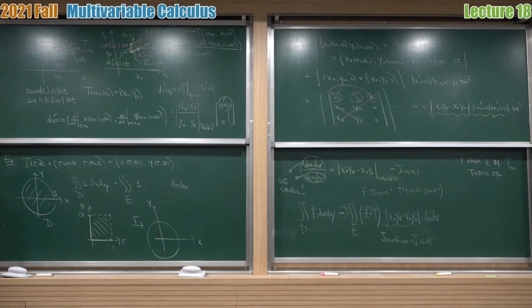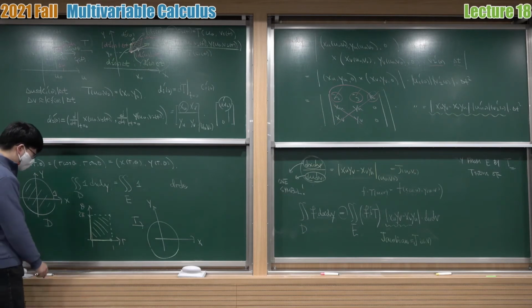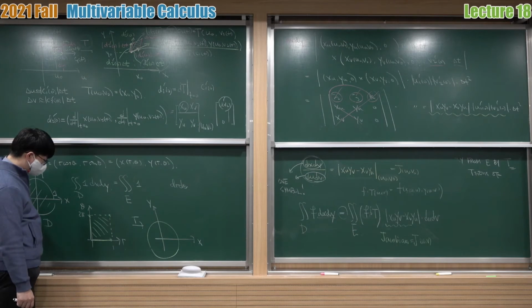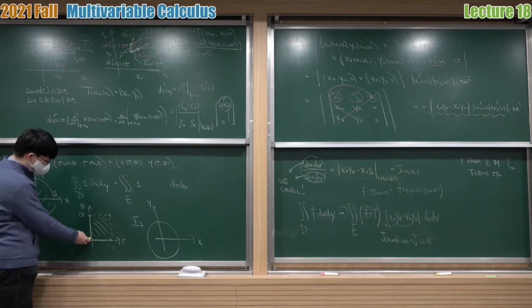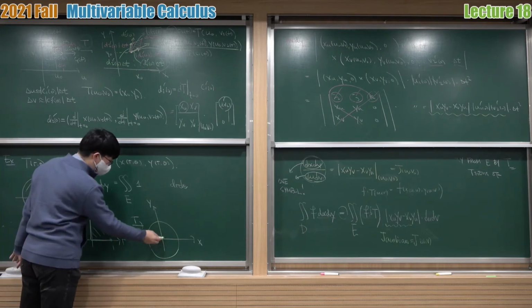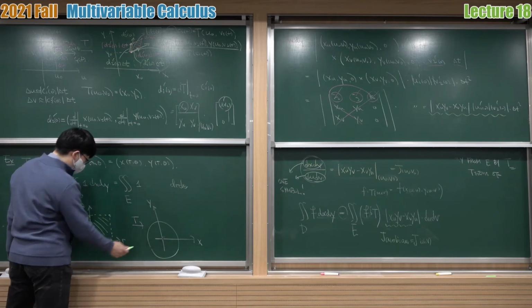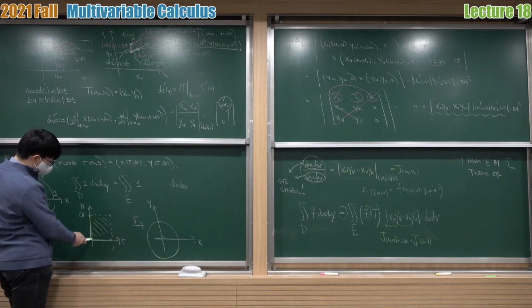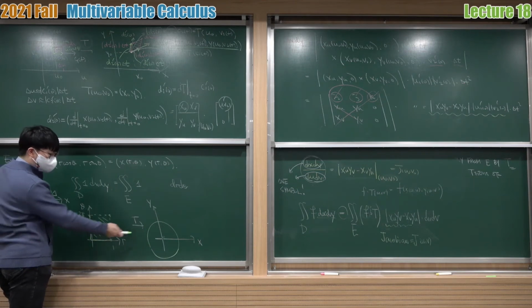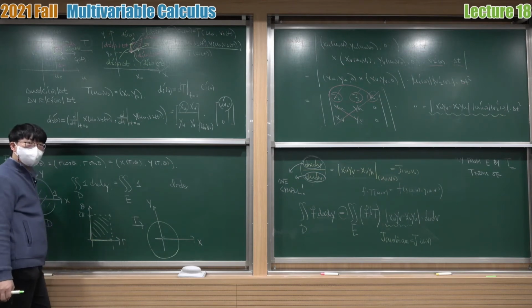What point is that? Origin, yeah. If you omit the origin, then there's no way you can map the origin on the xy plane. But if you include the origin, then all the points on this line are mapped to the origin. So it's not a one-to-one map, right?